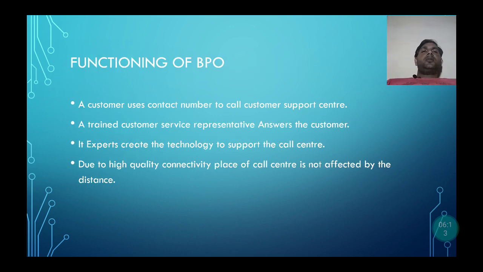Next, how does a BPO function? As I told you earlier, a customer uses a contact number to call the customer support center. A trained customer service representative answers the customer. IT experts create the technology to support the call center. Due to the high quality connectivity, the place of the call center is not affected by the distance.